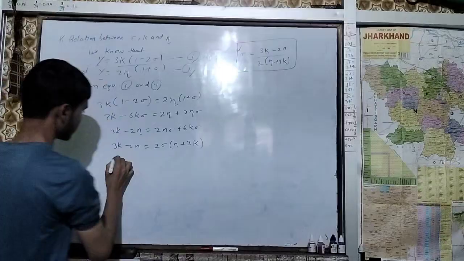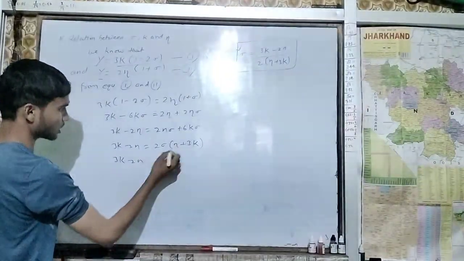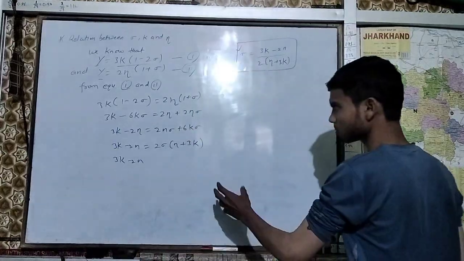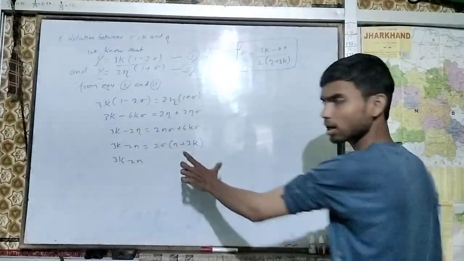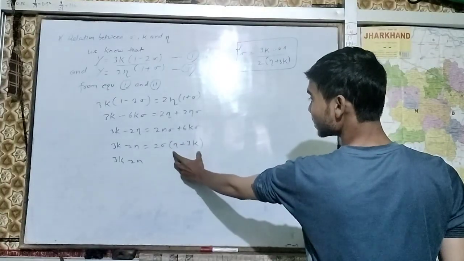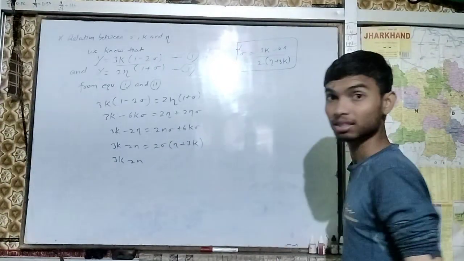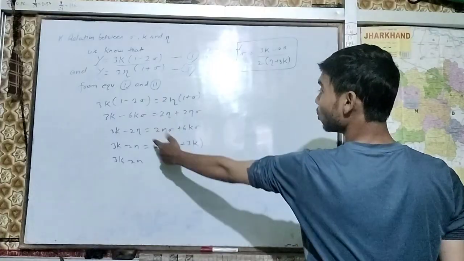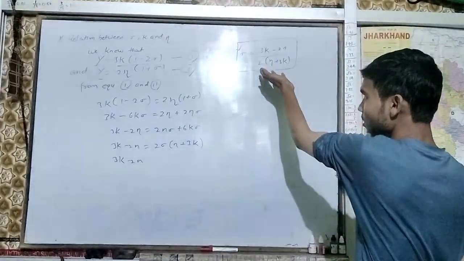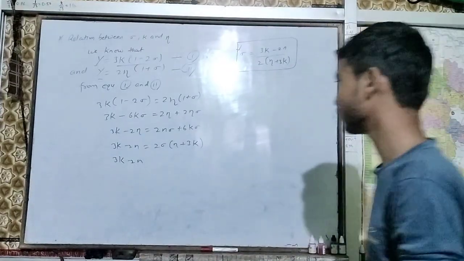So 3k minus 2η, and just shift this. Should I not shift only this bracket? Why are we going to shift this 2 as well? Answer is we need it over here, brother. We need the 2.